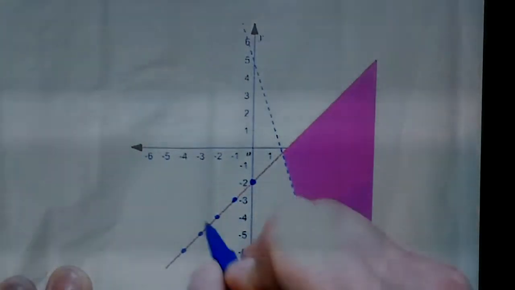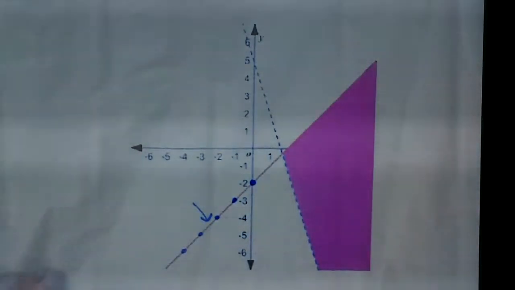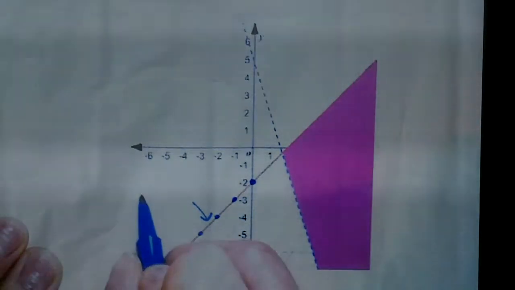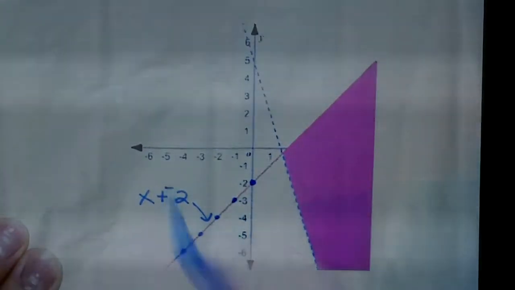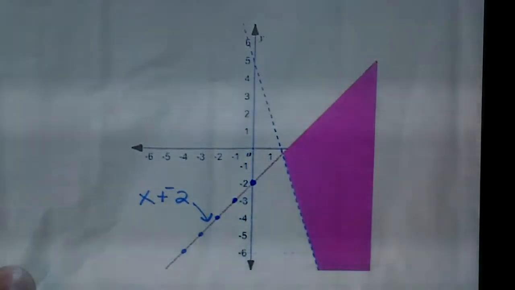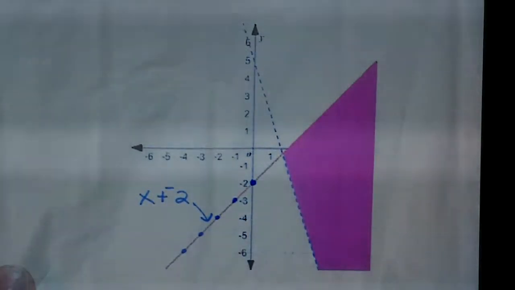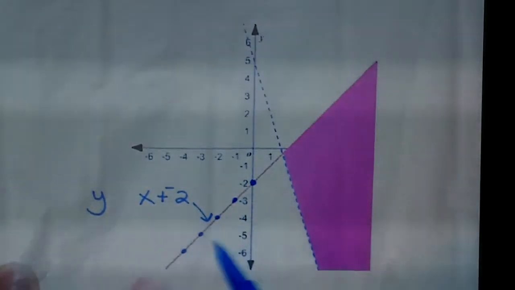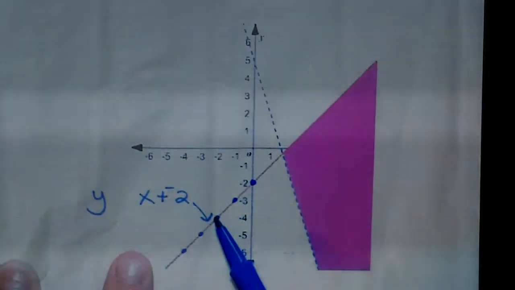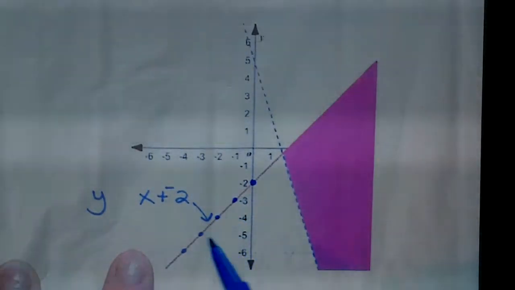So the equation for this line right here, I would say is 1x, or just x, minus 2, or x plus -2, right? And we know it's y equals mx plus b because it's a straight line, but it's not y equals because it's an inequality. So I can put my y right here, and I need to know, is y greater than or equal to, less than or equal to, just greater than, just less than?